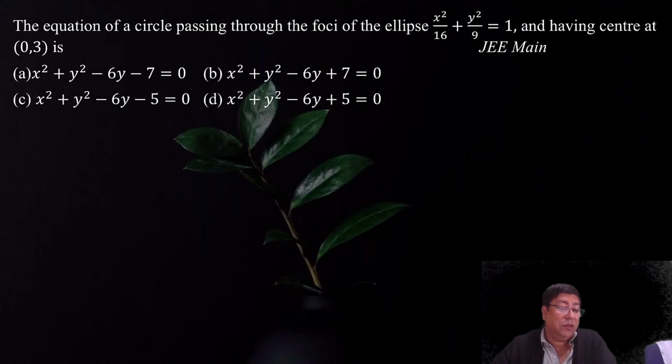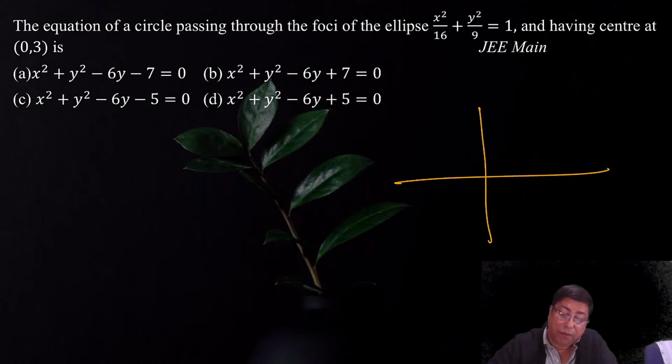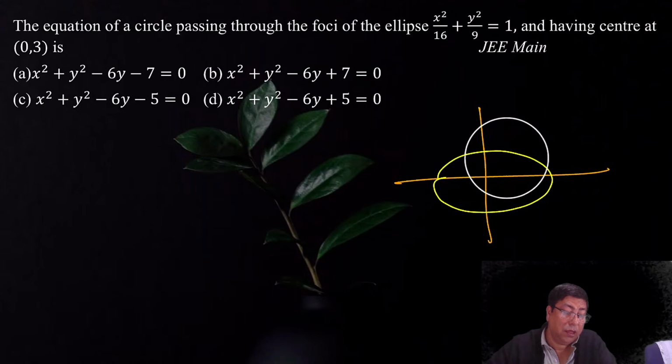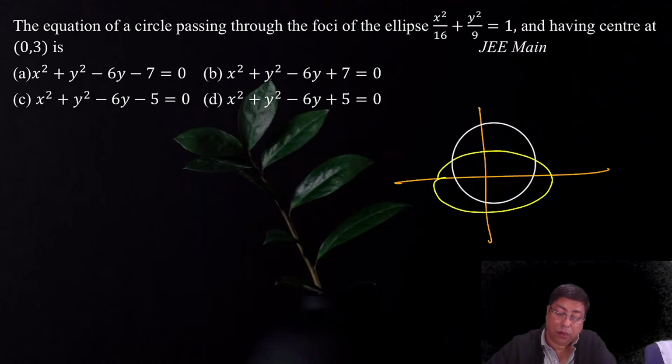If we draw one rough diagram, let us get the equation of the circle passing through the foci and center (0, 3).